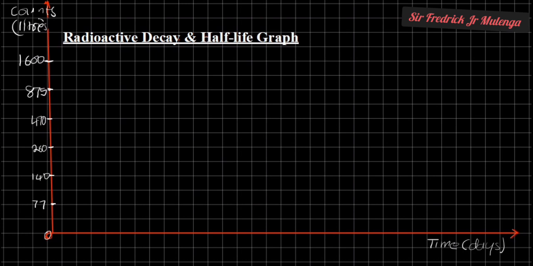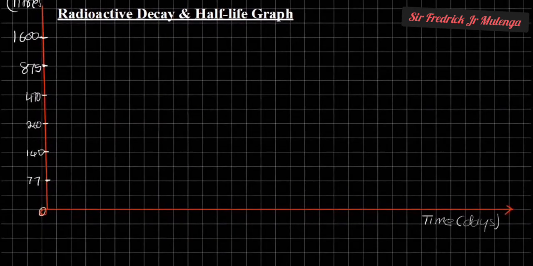Okay. So they said that every 7 days they were checking this one. So I'm going to put that time which I was given. So I'll use 1, 2, 3. Here I'll put my 7 days.